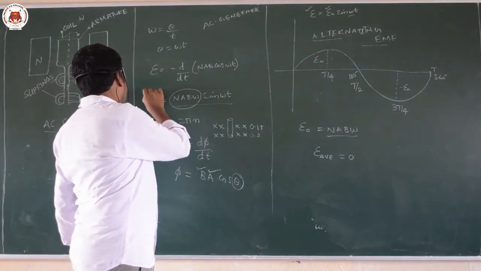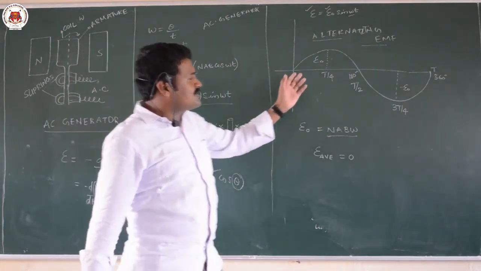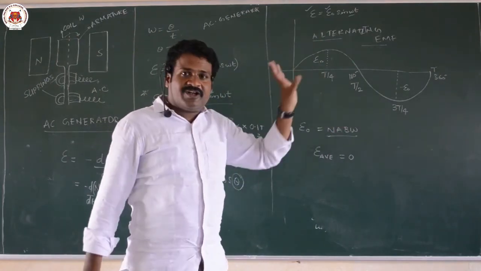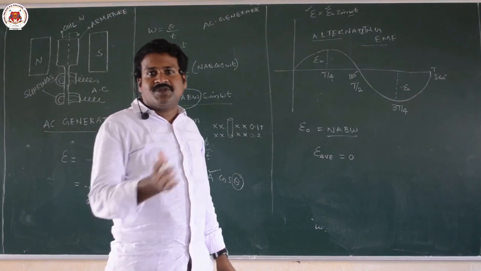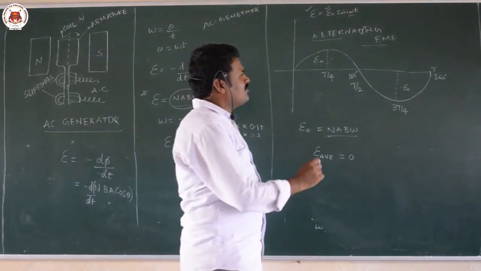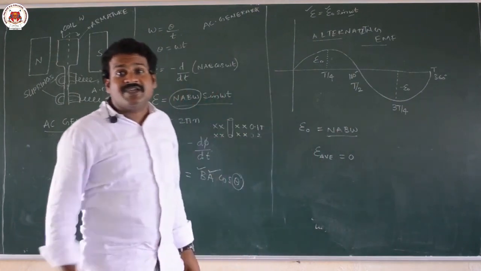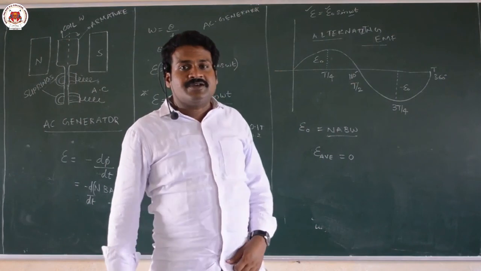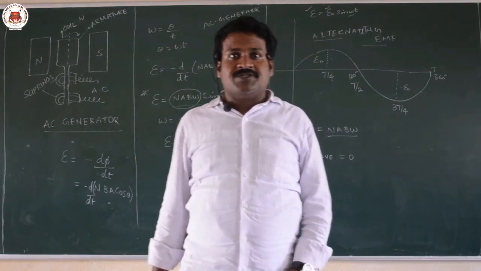And what is alternating current? What are the parameters? How can we measure alternating current? And what is the way to supply alternating current from power generation to the houses? Everything regarding alternating current will be studied in detail in the next chapter. Okay? This is about the alternating current generator. So, thank you for joining me.